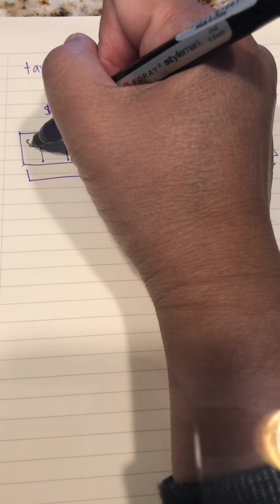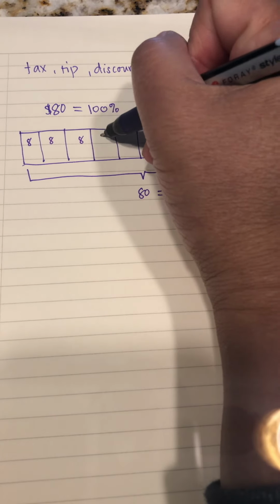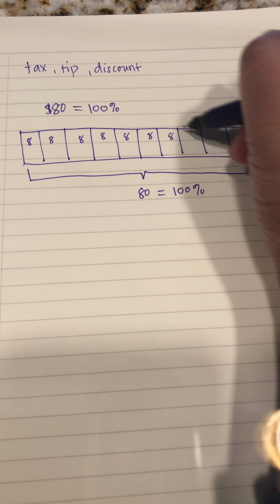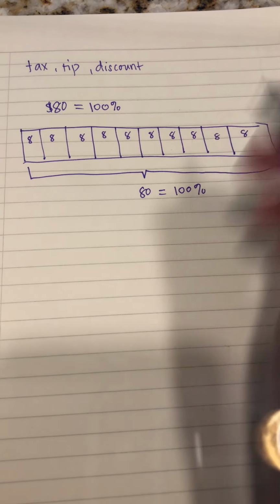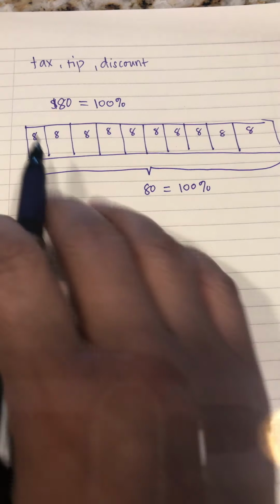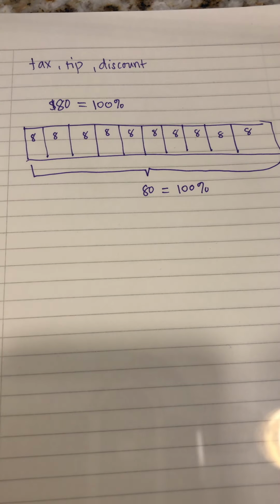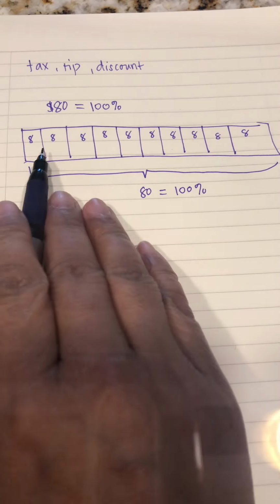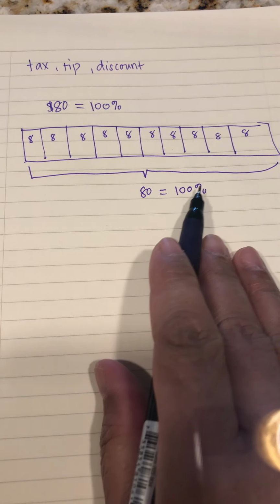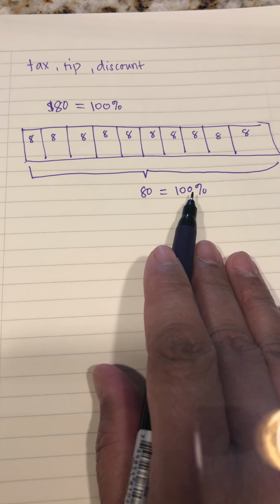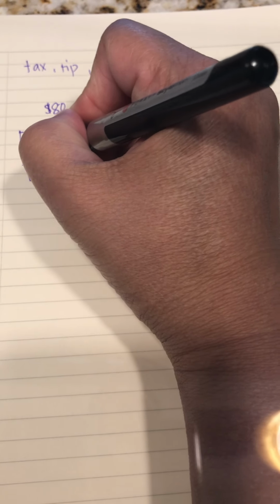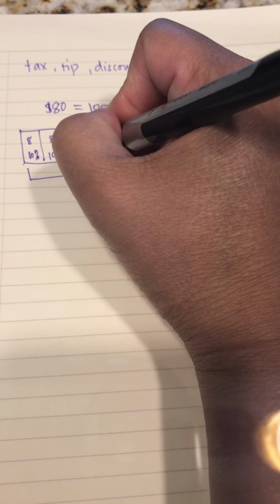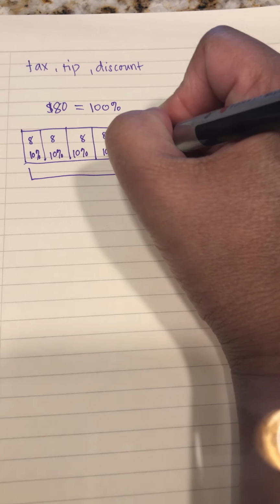So this is 8, 8, 8, and 10 eights would give me 80. Then if I cut my 80 into 10 parts, I'm going to cut my 100% into 10 parts as well. So that means each section is 10%.